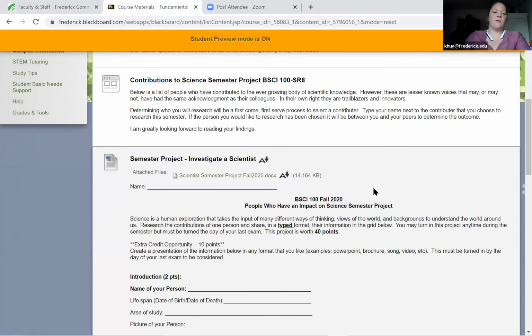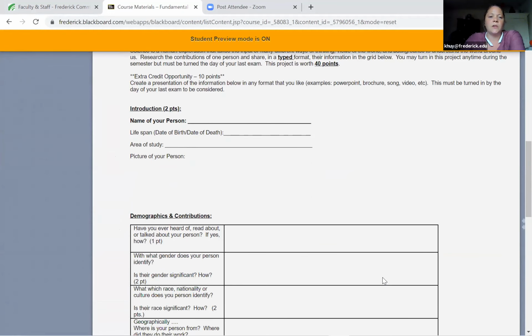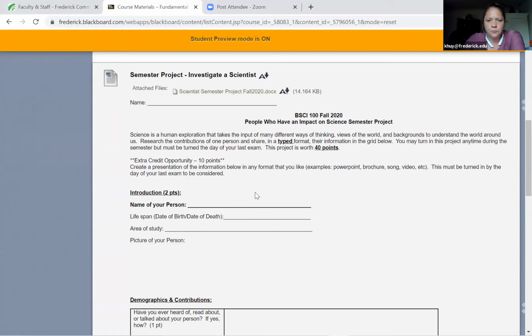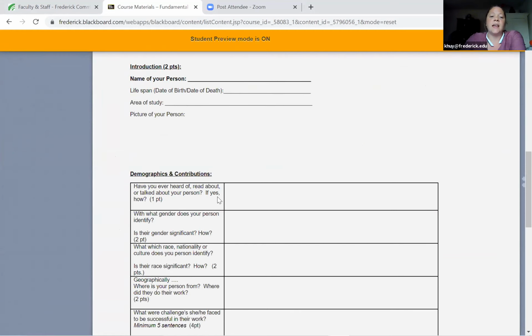And then we have our semester project. I have the document here that I want you to type directly into, but I also left this open so that you can refer to it as you have questions. What I'm looking for here is that you tell us about this person who has contributed to science.